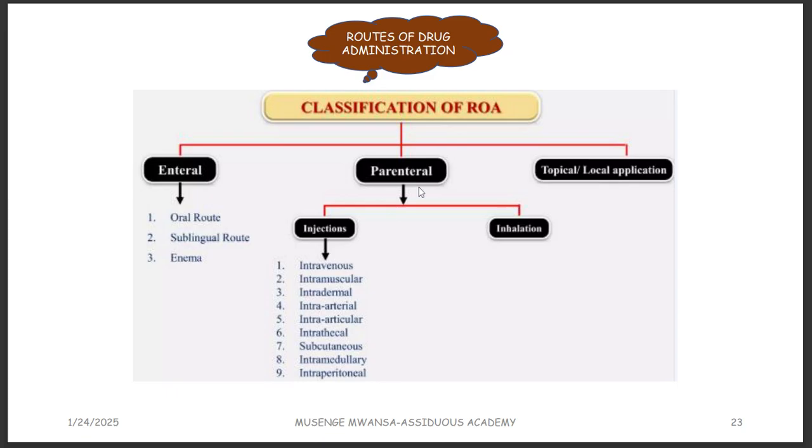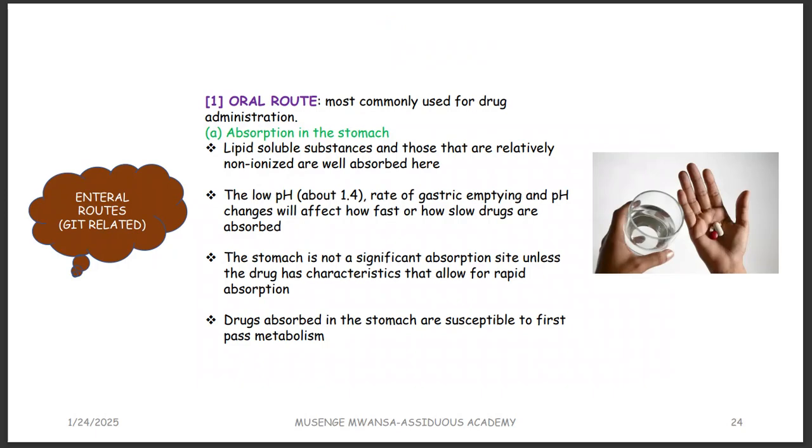All these are parenteral methods. Inhalation, you want to give mostly those drugs that work on the respiratory system, for example, someone that is asthmatic. You can also give a topical or local application. Say someone has got a skin disease, just apply on that area where there is a problem.